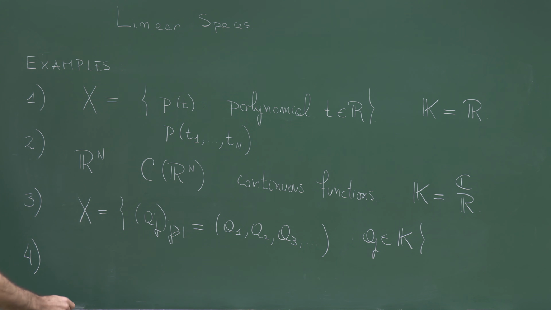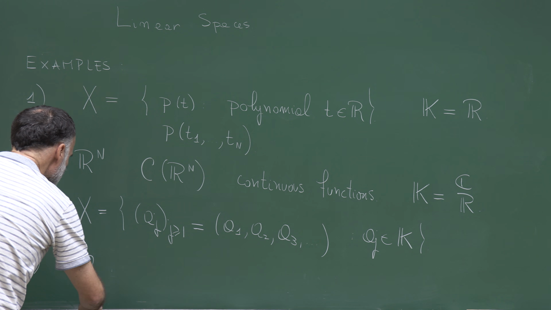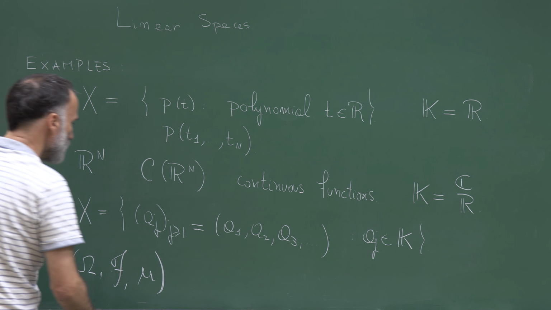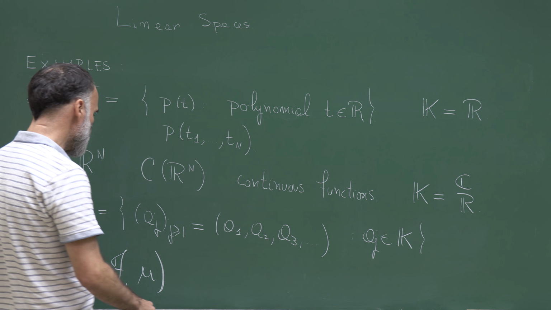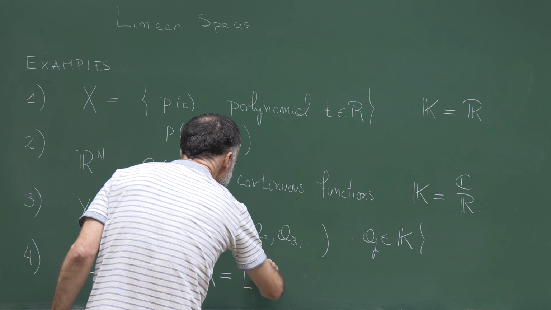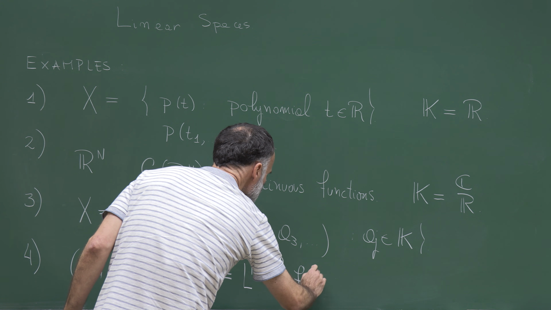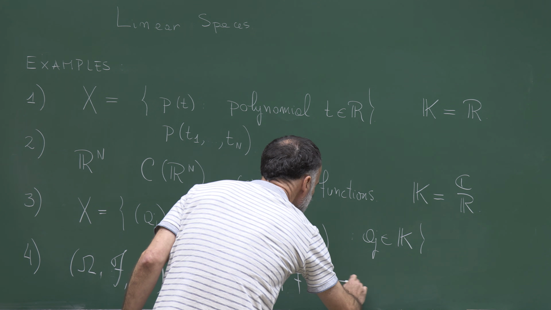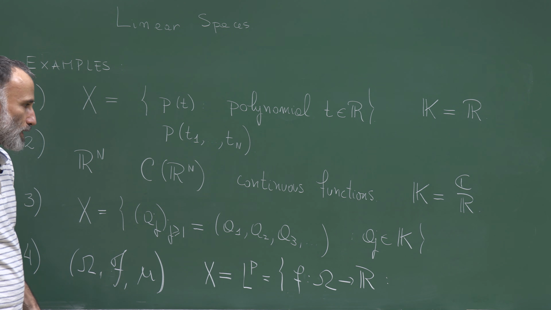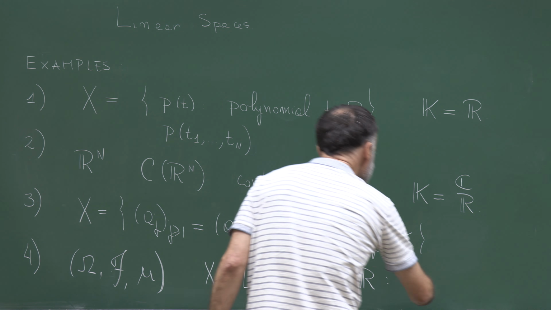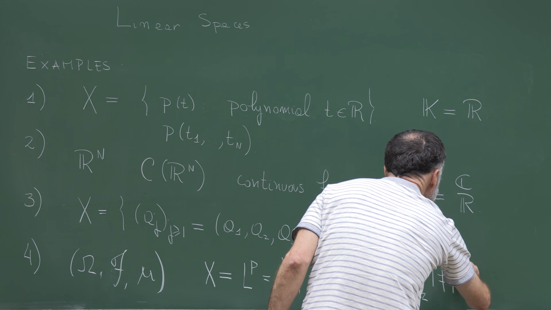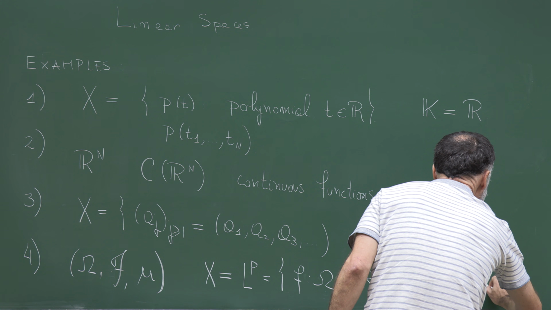Another example is where you take an abstract space, omega, with a sigma field F and a certain measure mu defined on this sigma field. And now you consider the space X to be the space L^p, which is the space of all functions from omega, say, to R, which are measurable with respect to the sigma field F, and for which the integral over your space omega of |f|^p d mu is finite.